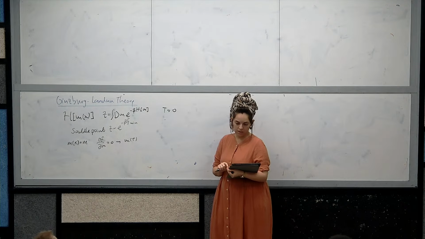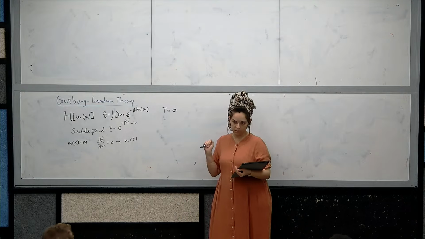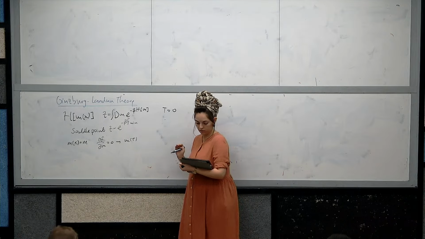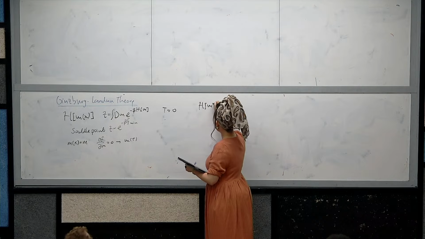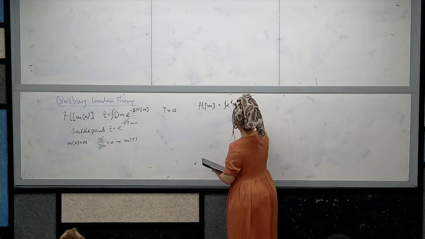Okay, so I think Stas did it in the lecture, right? But I want to just do it slowly, or not so slowly, but just repeat it. So for magnetization, we have this Hamiltonian.